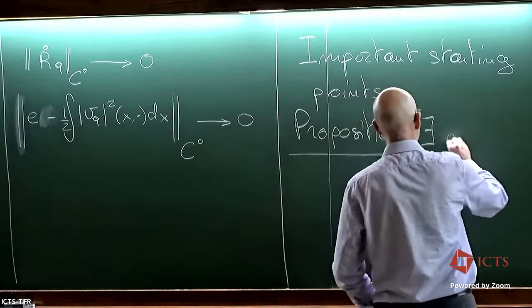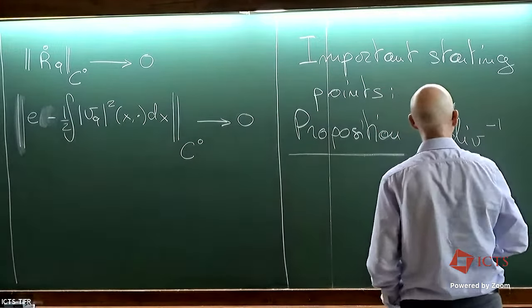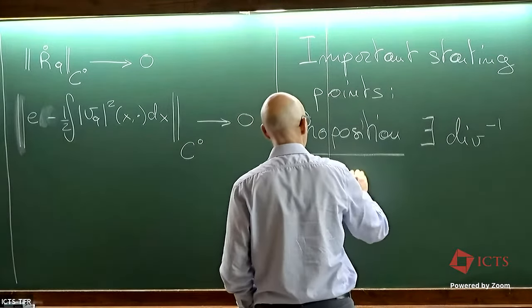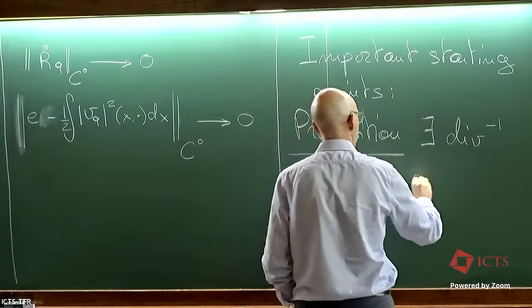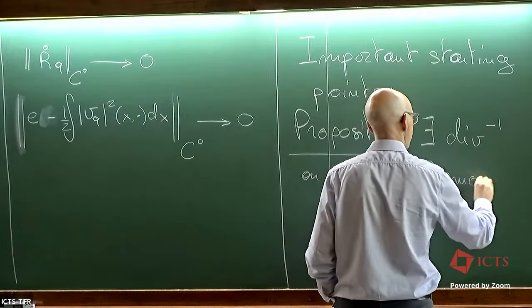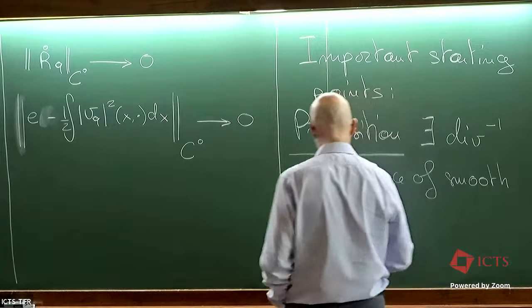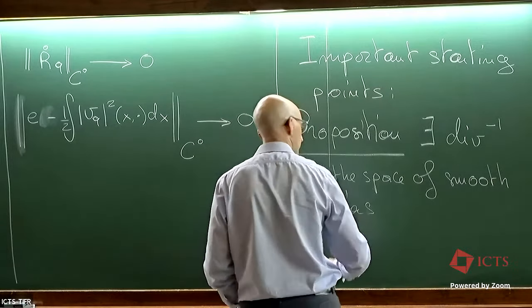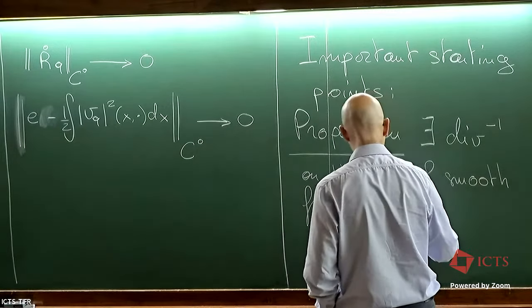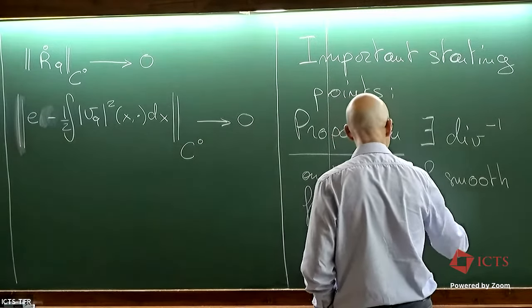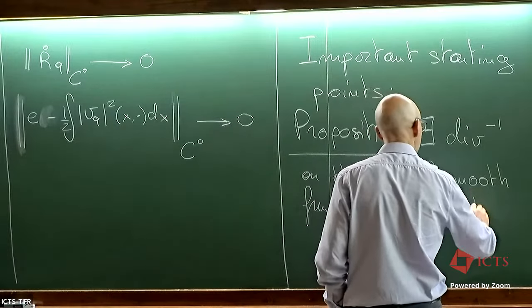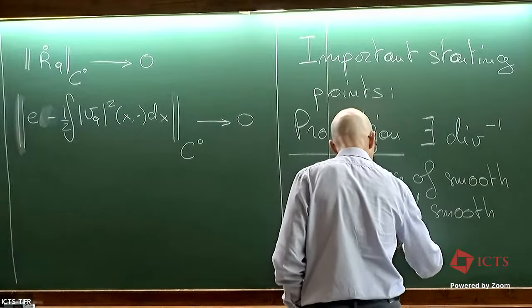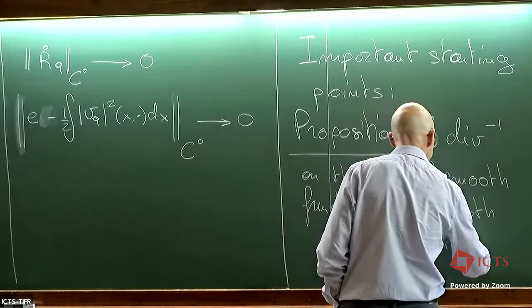Somehow there's a nice operator, divergence to the -1, on the space of smooth functions and smooth vector fields with average 0.